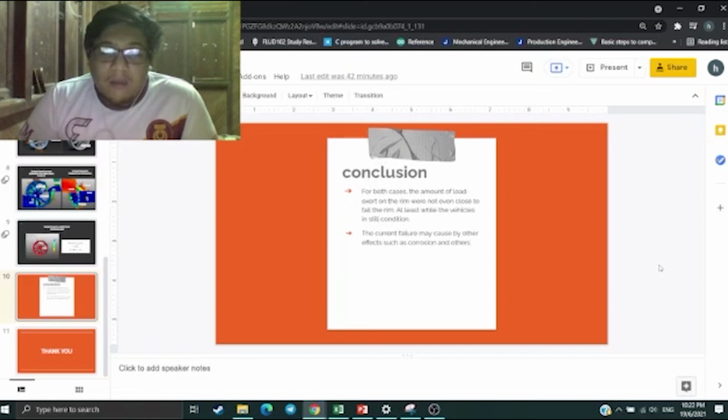So the probable causes for this rim to fail are other effects, such as oxidation that may cause rusting, or corrosion and others.